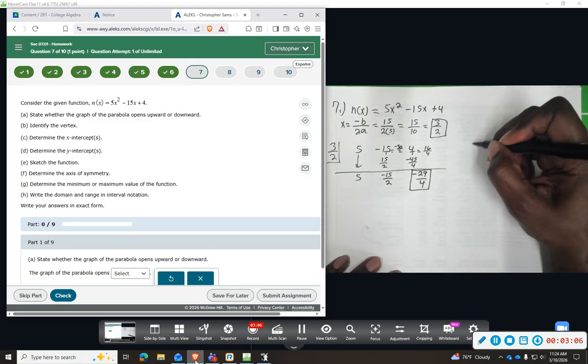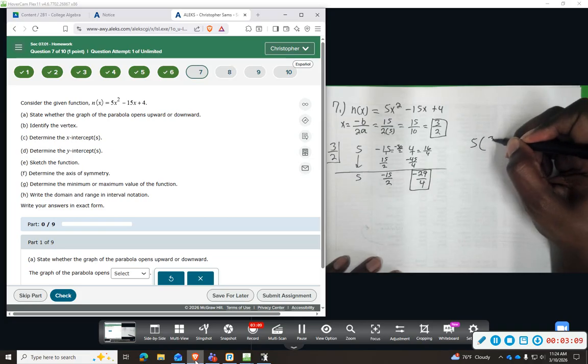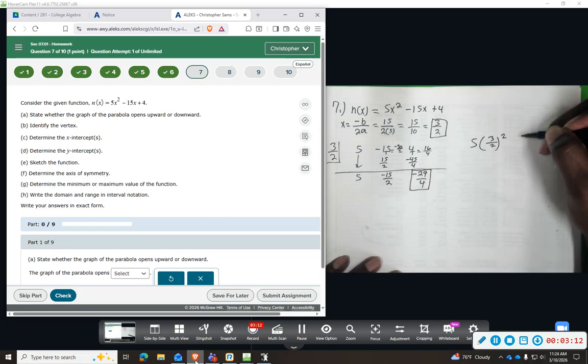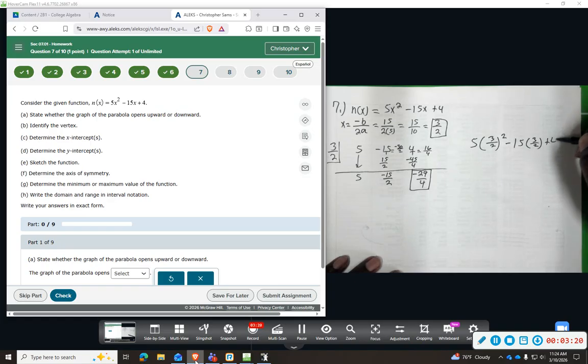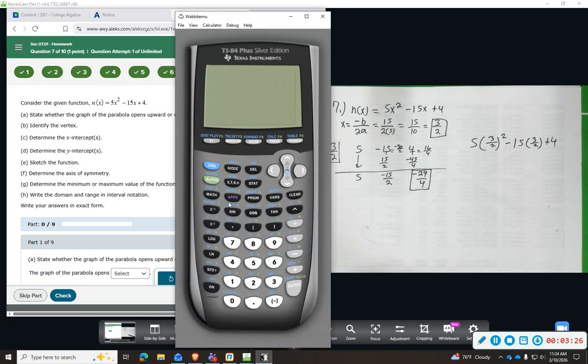Plugging this in, I would do 5, and then 3 over 2 would get squared, and this is the messy part of plugging it in as well. Minus 15 times 3 over 2, plus 4. So I'm going to let the calculator do the squaring with the fractions and everything. We could do it, it just takes a little bit of time. I wanted to put it in fraction form, so I'm going to do 5 and then alpha y equal enter.